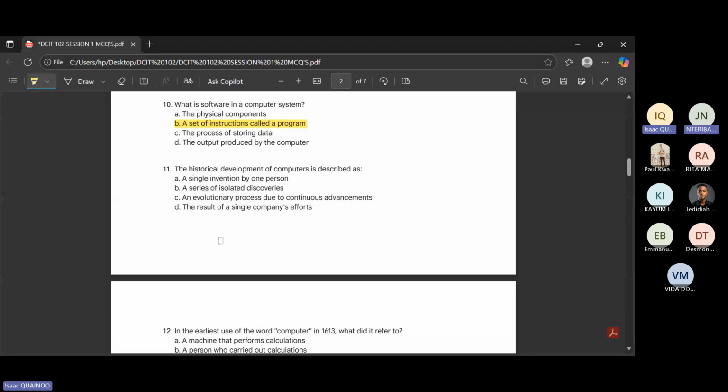And D, the result of a single company's efforts. Can we mention the answer? Yes, I think it's C. That's an evolutionary process due to continuous advancements. We said we cannot attribute the historical development of a computer to one person.